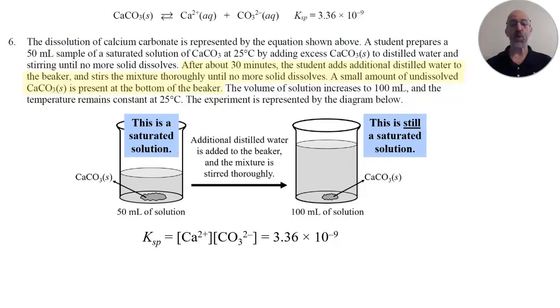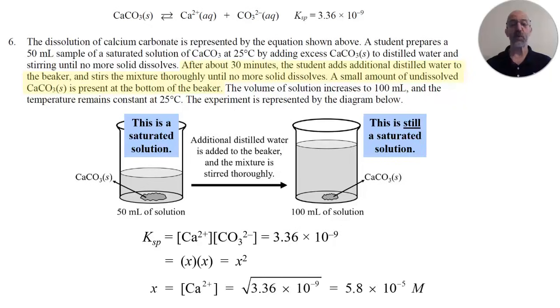So based on this 1-to-1 mole ratio between calcium and carbonate, that would be x times x, or x squared. And so to solve for x, you take the square root of 3.36 times 10 to the negative 9, which is the KSP. So the concentration of calcium in this saturated solution that was made by dissolving the solid in water is 5.8 times 10 to the negative 5 moles per liter.